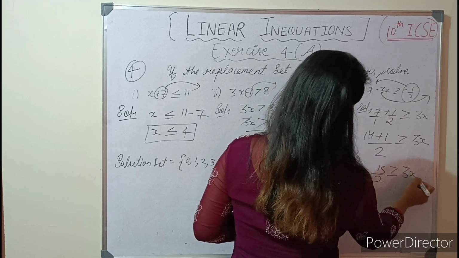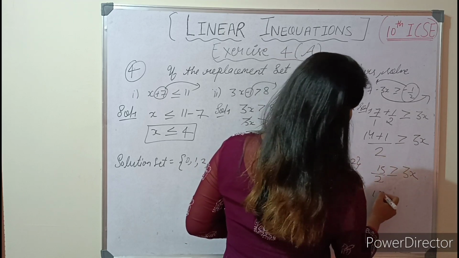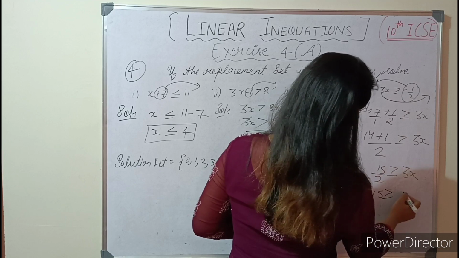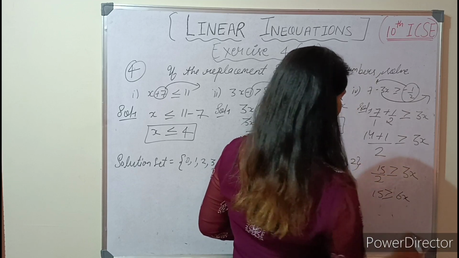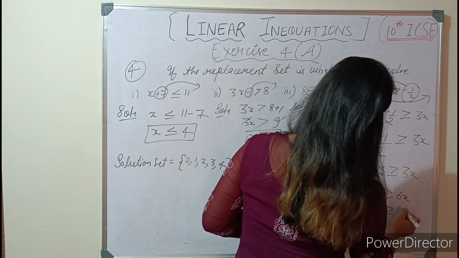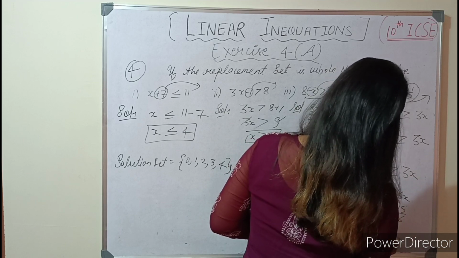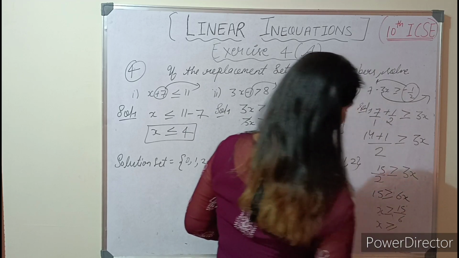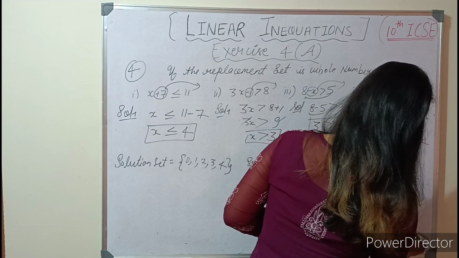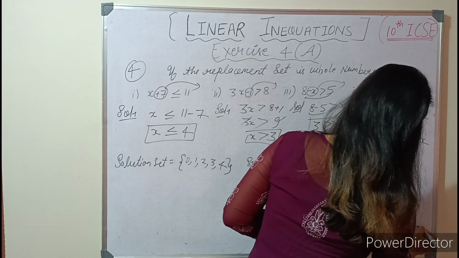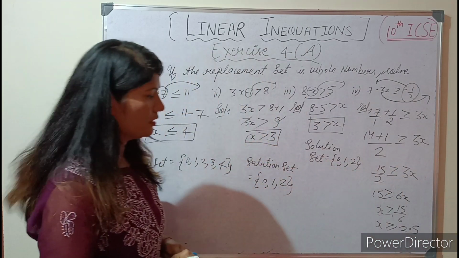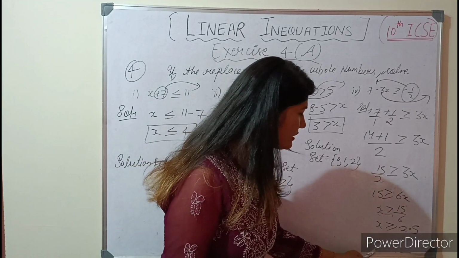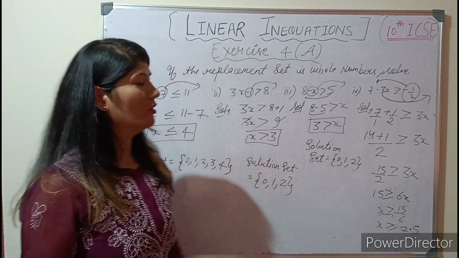This is 3x. Now by cross multiplication, this is 15 and this is 6x. So here you need to divide 15 by 6 and your value will be 2.5. Clear? So here the value of x is more than or equals to 2.5.